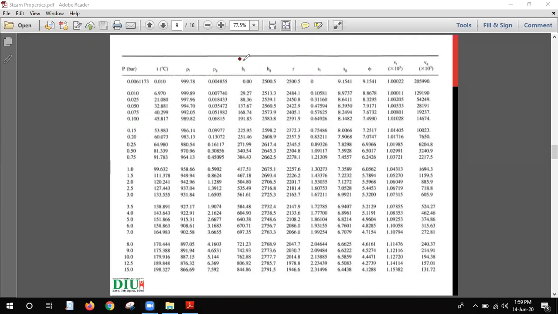This is HF, this is R, this is HFG. It has the respective pressure, and for each pressure value it has the sensible heat and the latent heat given here. So we have to take values from here to solve our examples. Check these slides properly, and in the next class we will discuss from there.